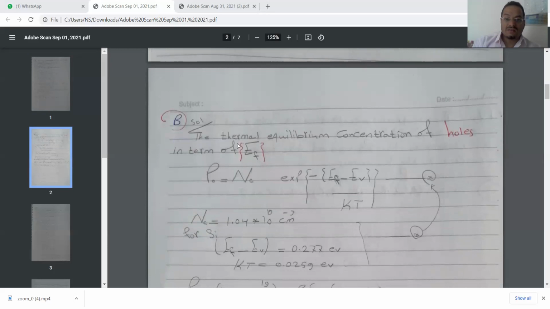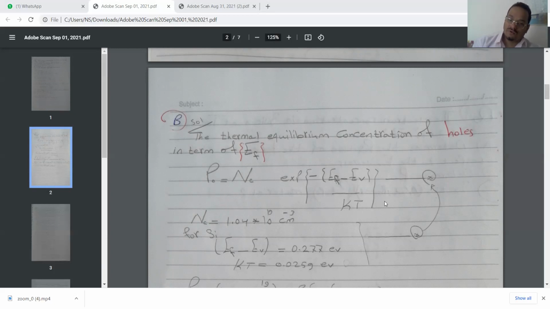At thermal equilibrium, the concentration of holes is P naught equals NV, the effective density at the valence band, times exponential of minus the Fermi level minus the valence band, divided by KT.